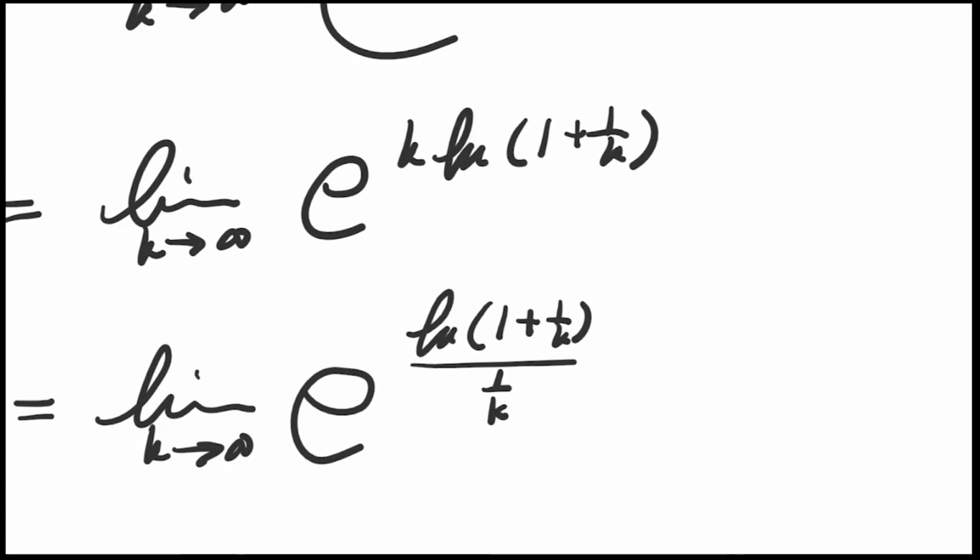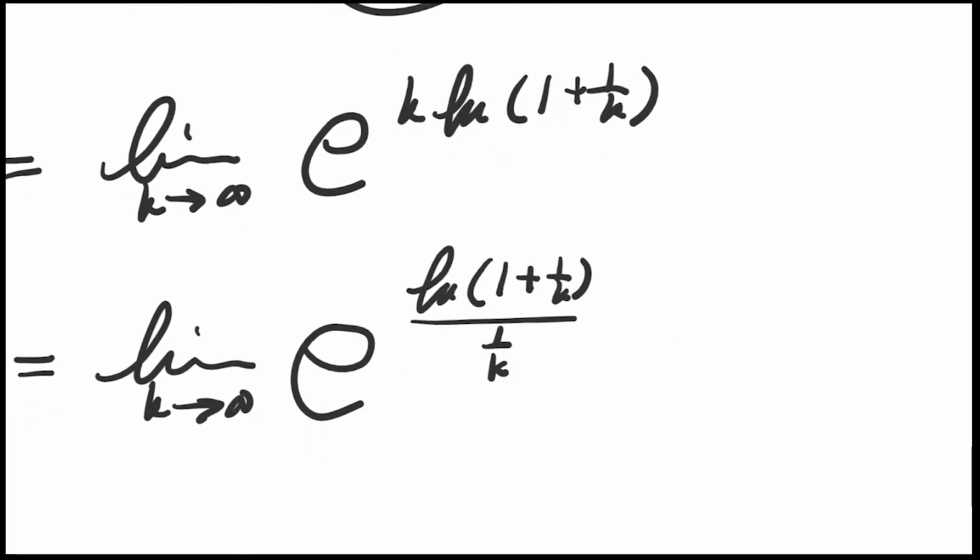Now, let's see. As k approaches infinity, this thing approaches 0, ln 1 is 0. And this thing, of course, 1 over infinity is 0. So now we have achieved this form. You know what I'm saying? So we can L'Hopitalise it now, right?